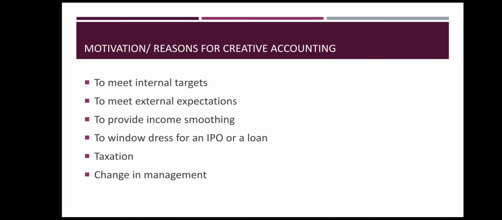Okay, so to meet the expectation of such shareholders, company has to make use of creative accounting. Just now I gave you example that if in a particular year company is earning too much profit, so entire profit is not disclosed in the books of accounts. Certain reserves might be kept so that when the company is earning loss, these reserves can be utilized for showing good profit in that particular year also.